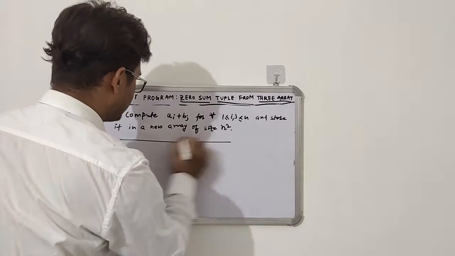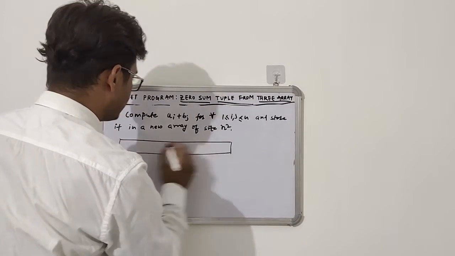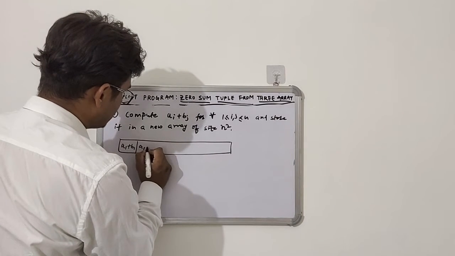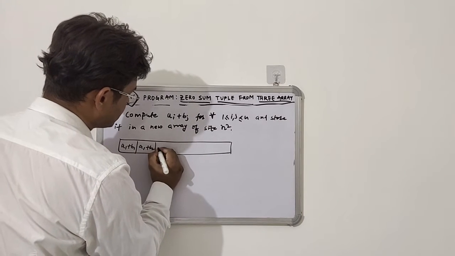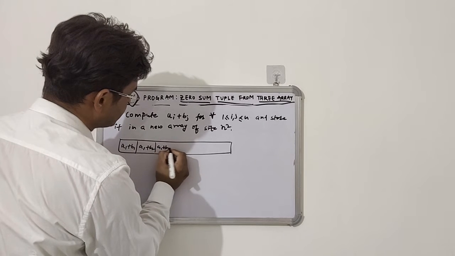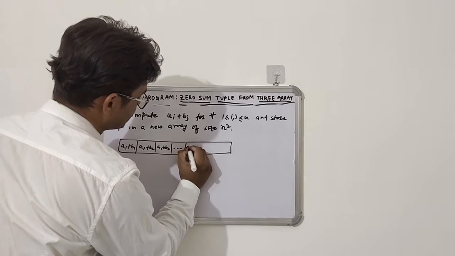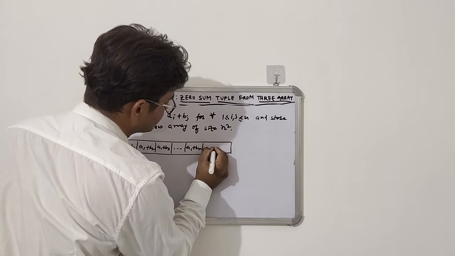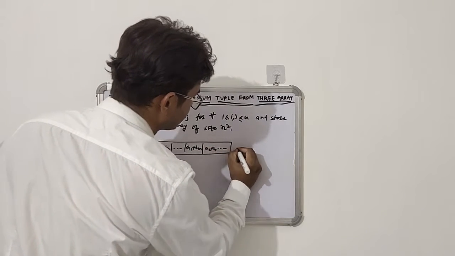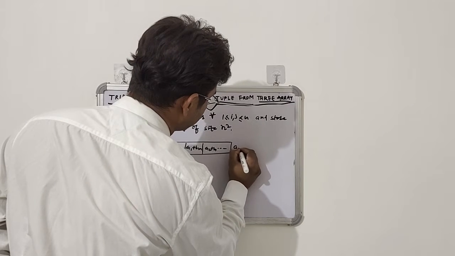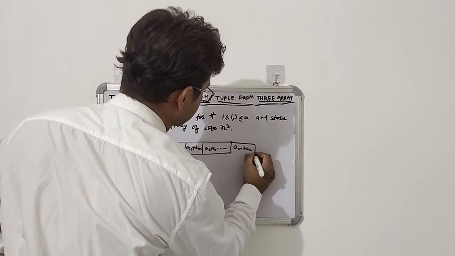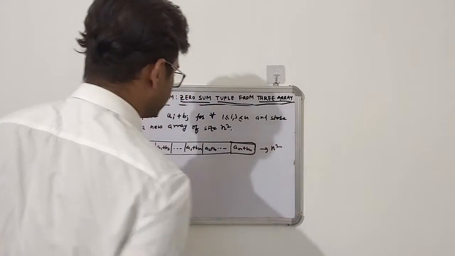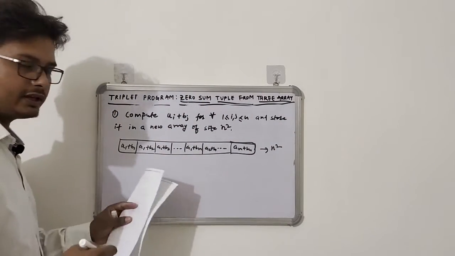Then we will create an array of size n square, and we will store a1 plus b1, a1 plus b2, a1 plus b3, up to a1 plus bn, again a2 plus b1, up to an plus bn. Its size, keep in mind, is n square.